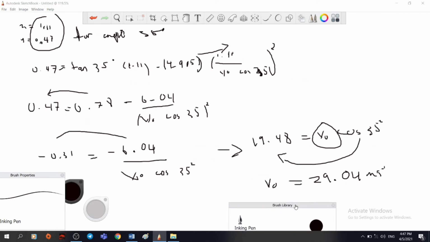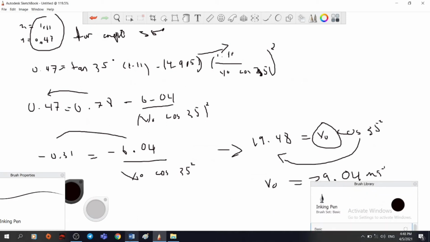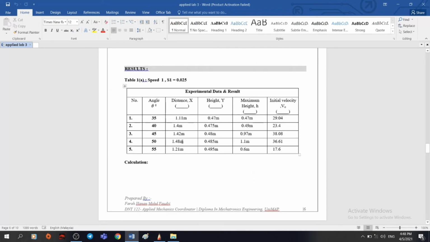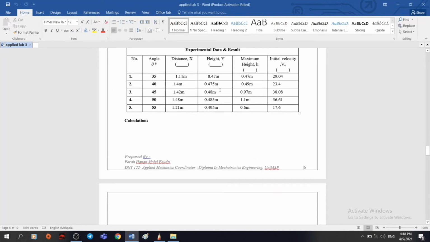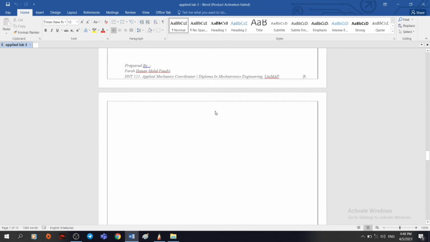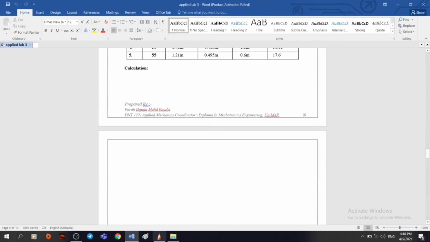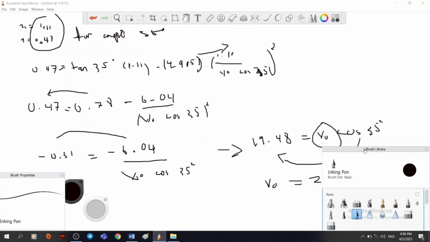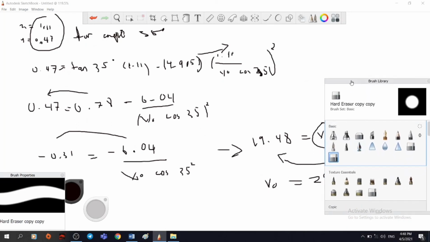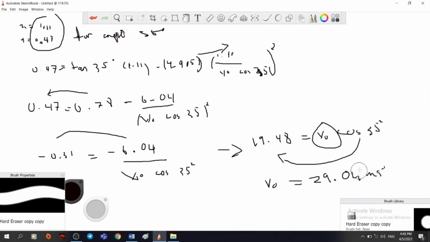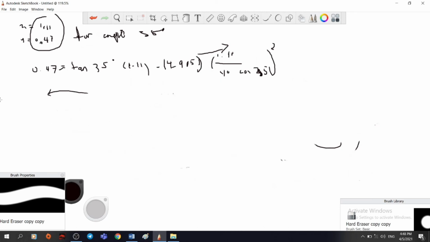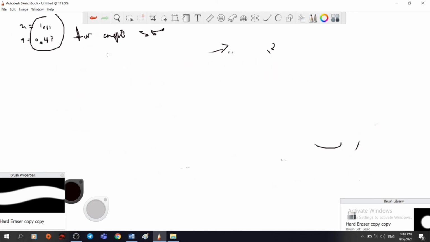To find the velocity for another angle, we use the same method, but with different data for X and Y. Right now we already have the velocity, 29.04 meters per second, so keep that in mind.